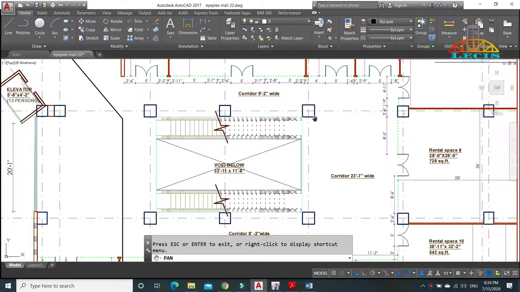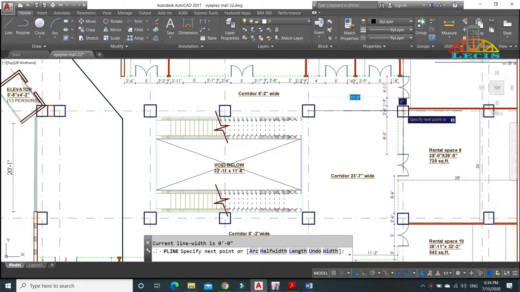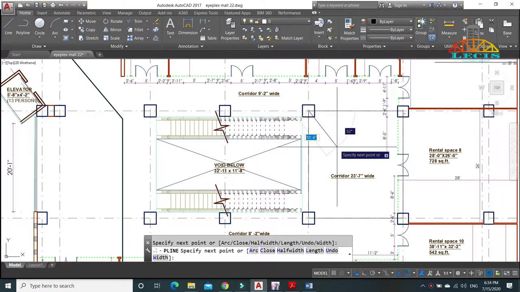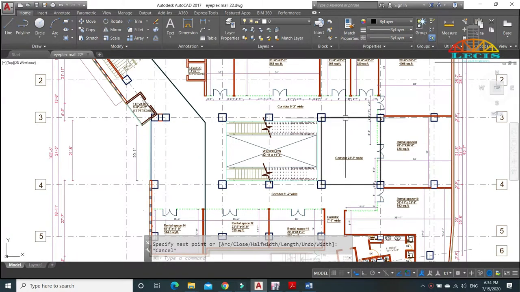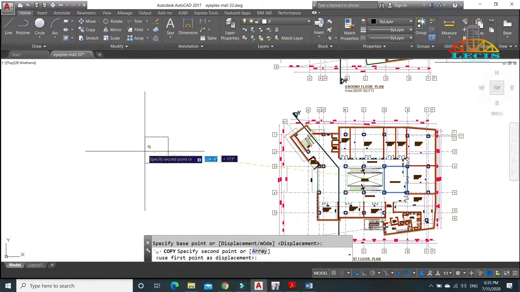So I'm going to copy this slab outside this plan. Let's draw a line over here.